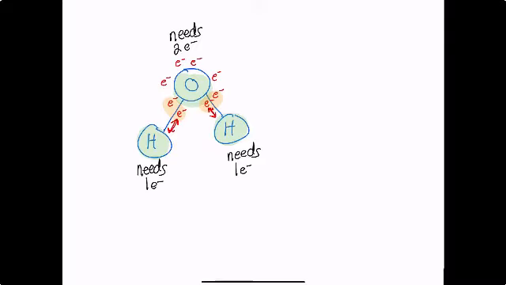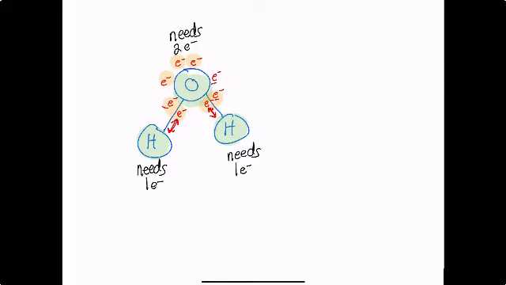I thought I miscounted and needed to put 2 more electrons up here, but let me count them out. We have 1, 2, 3, 4, 5, and 6. So no, I'm good. So you have your electrons distributed unequally between these 3 atoms.